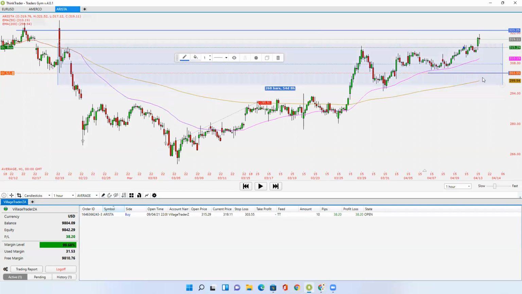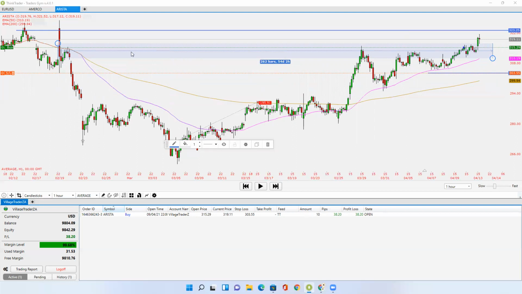Rather, the correct way to say it, it hasn't gone to this level in 254 bars. So if this were a daily chart, this would be 3 years.